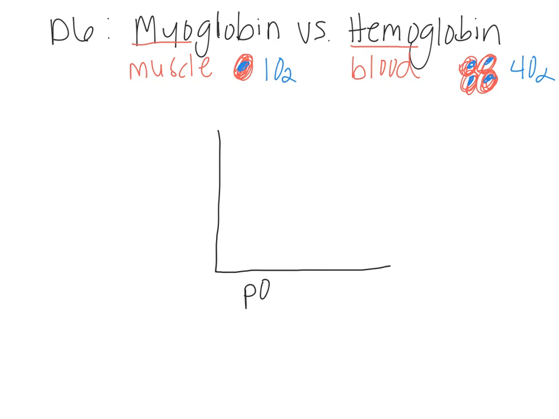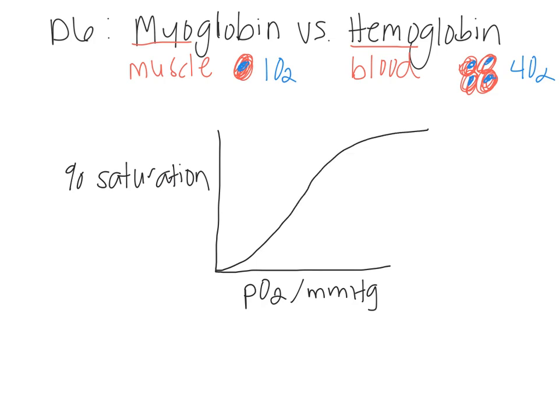Again, partial pressure of oxygen on the x-axis, percent saturation. I'm not going to say of hemoglobin this time because we are, of course, comparing hemoglobin and myoglobin. So let's go ahead and draw our normal curve for hemoglobin, looking something like this.